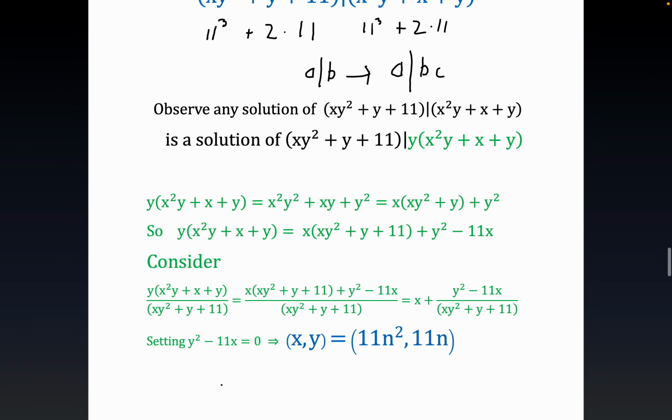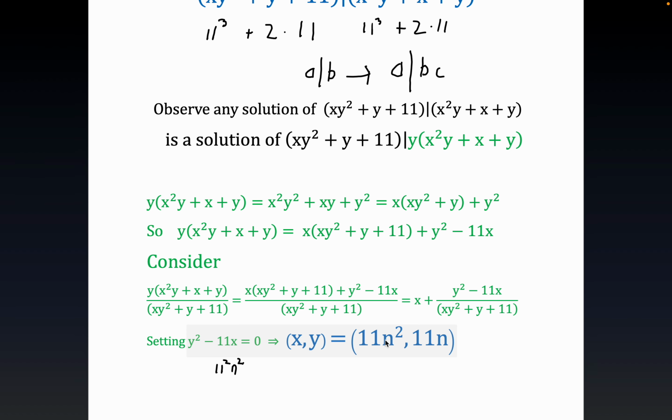If you put 11n squared right here where the x is, this is the x coordinate, this is the y coordinate, you would get 11 squared times n squared.